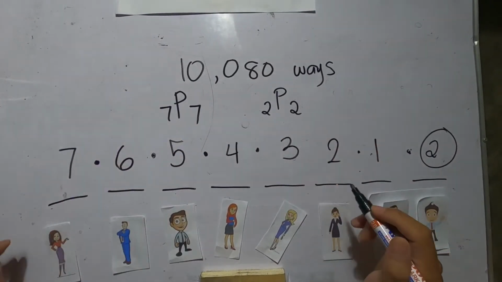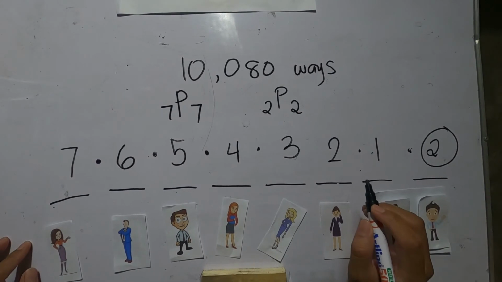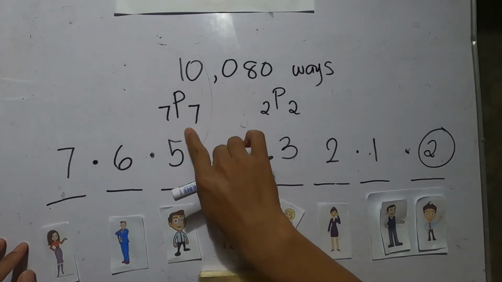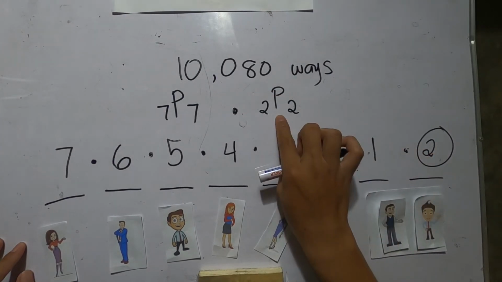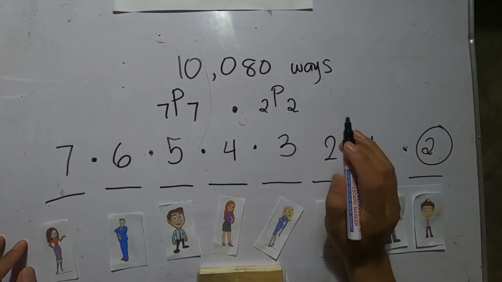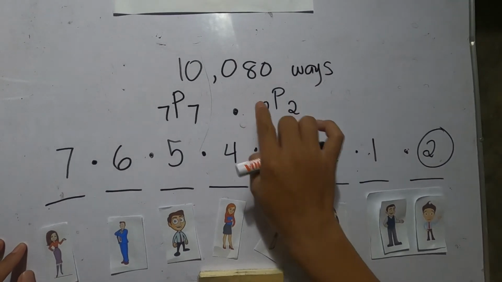Therefore, by permutation, the solution will be the permutation of 7 taken 7 multiplied by the permutation of 2 taken 2, which is the same as 10,080.